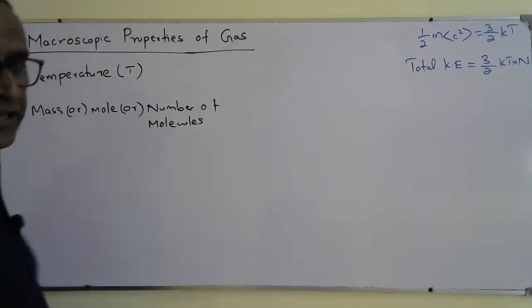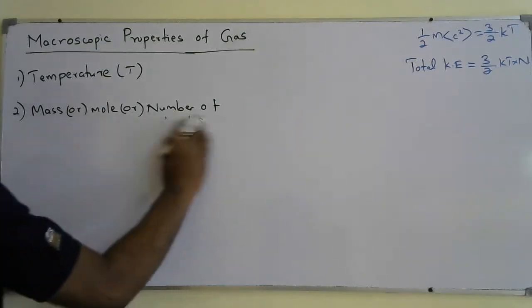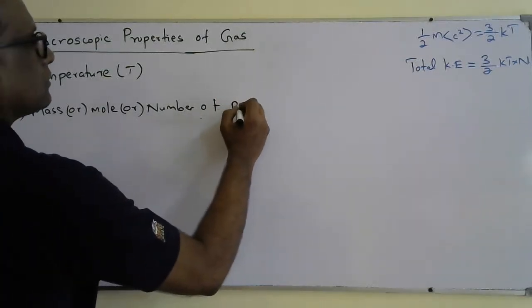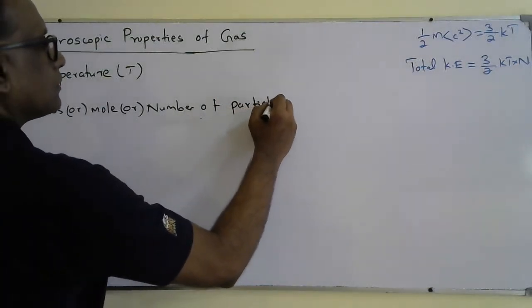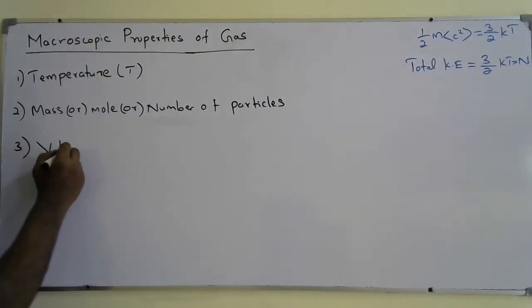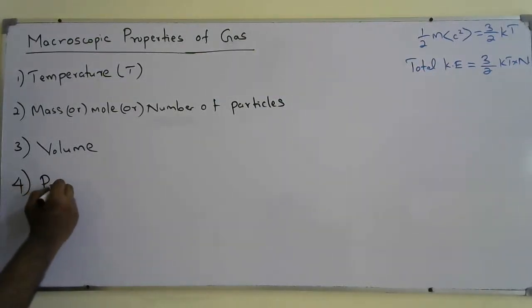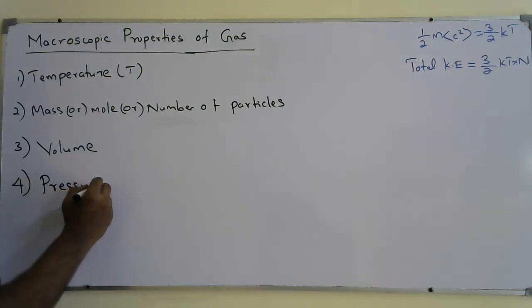We can say number of molecules or number of particles. That is the second macroscopic property. Third one, volume. Fourth one, pressure. Pressure exerted by the gas.